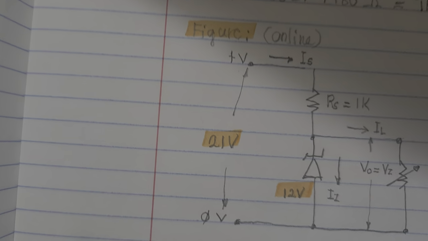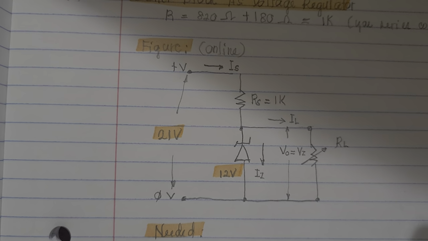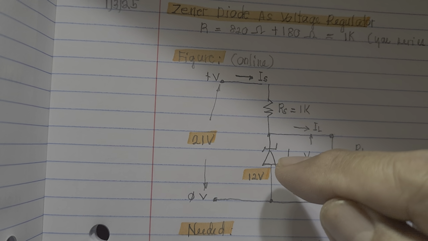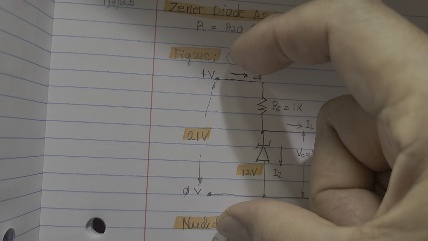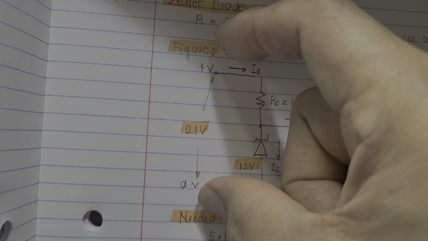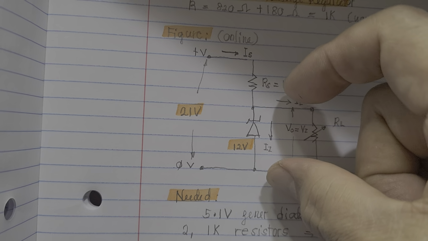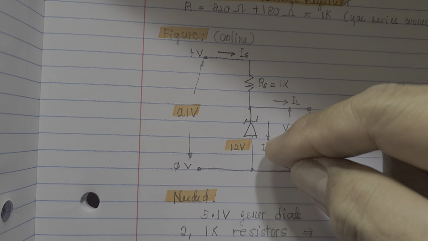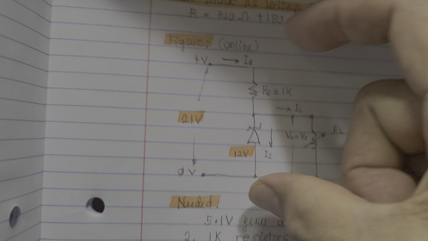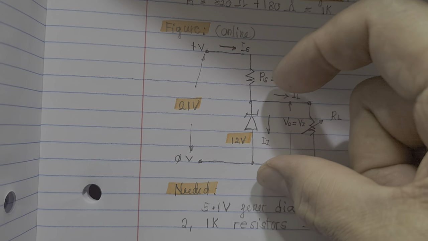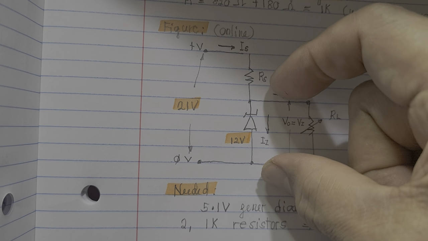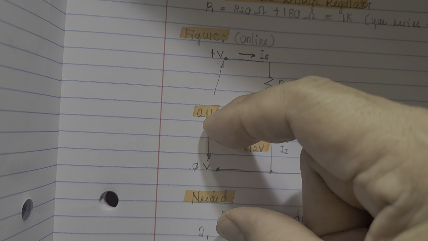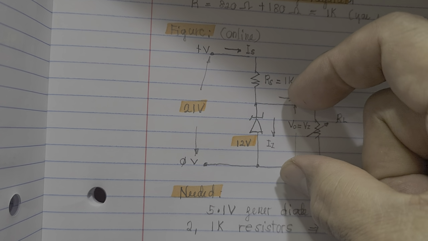Meaning to say, if we would like to bring out 12 volts across this, we will be using a 12 volt Zener diode. And the DC input voltage must be greater than the breakdown voltage of the Zener diode. Meaning to say, we could make this Zener diode a voltage regulator for as long as the input voltage here is greater than the required output voltage of the Zener diode. So if we input 21 volts, we could bring out 12 volts across the Zener diode.